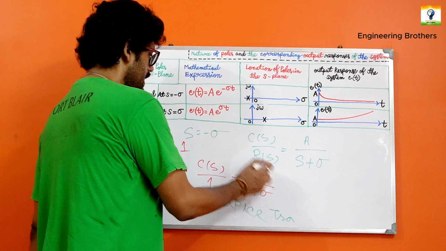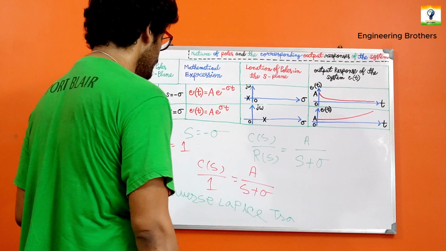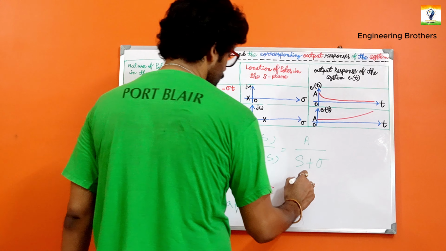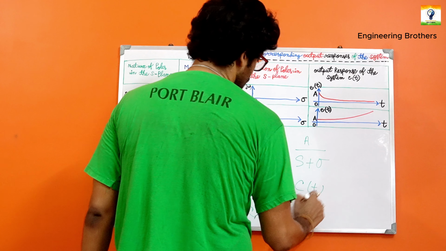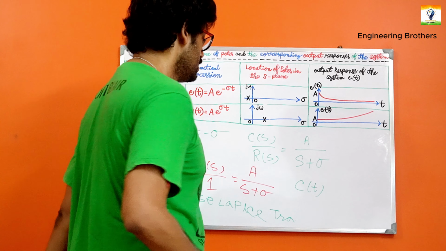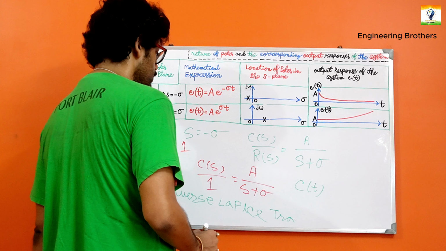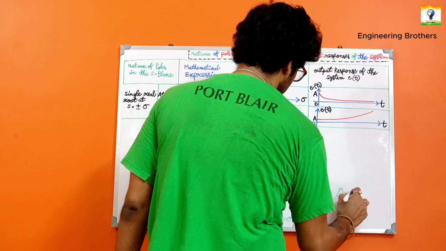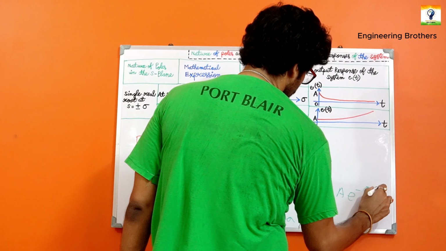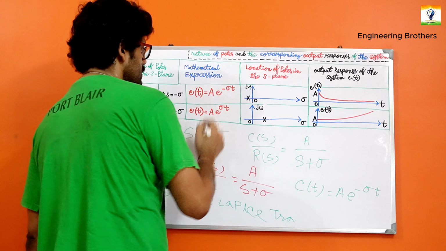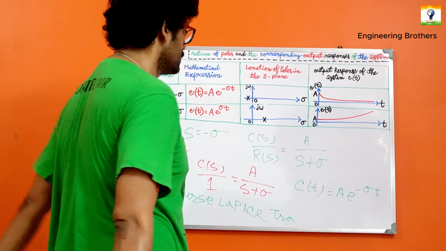Applying the inverse Laplace transform on this given equation, we go to the time domain output equation, c(t), the output response, which gives us A e to the power minus sigma t.